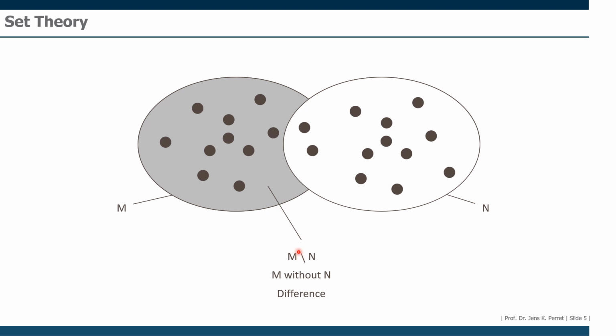We describe this with the backslash here in this case. We could interpret this like something of a minus operation. We're going to subtract all these elements from that set.